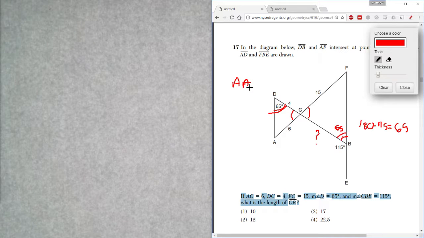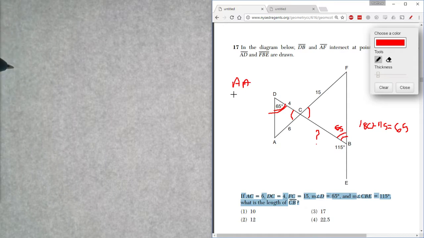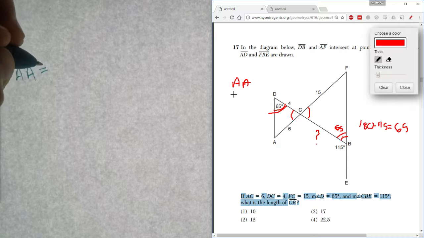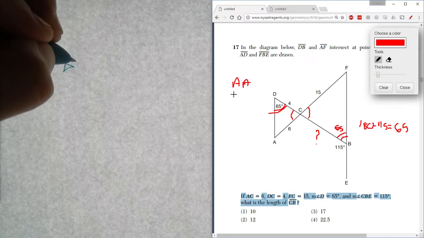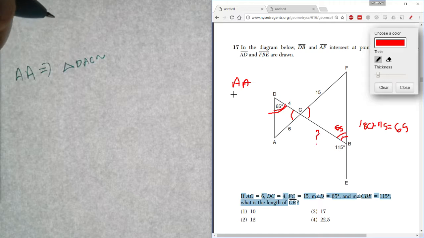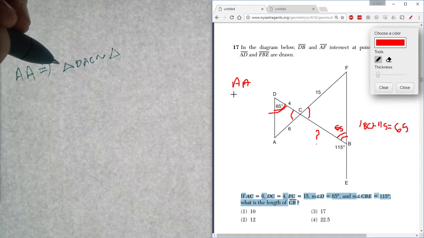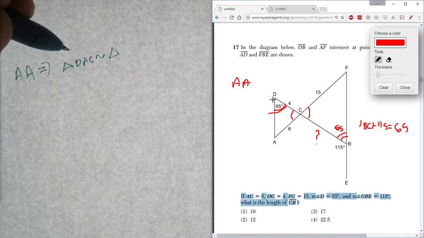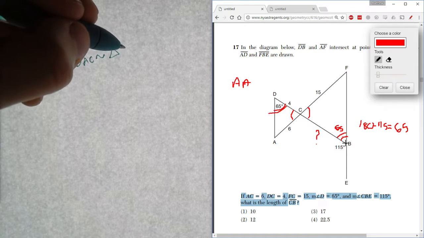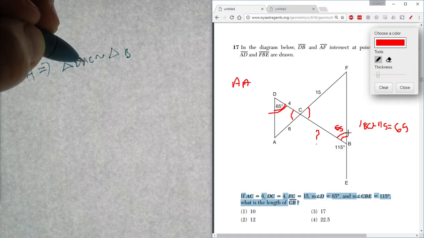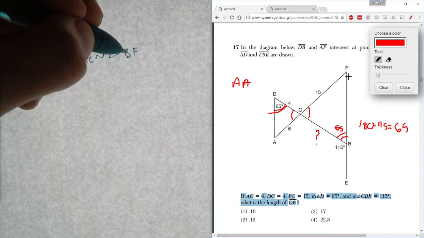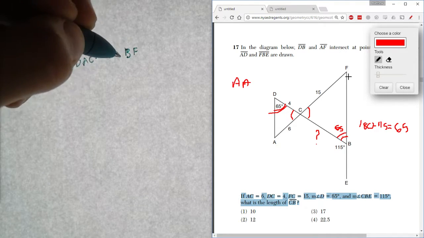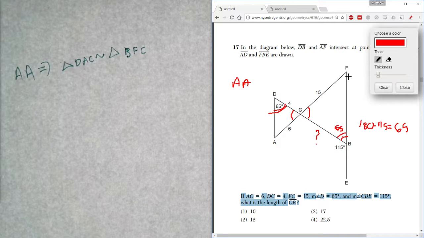So I can now say that triangle DAC is similar to triangle, let me get the matching, D is what I started out with. That corresponds with angle B. A corresponds with angle F. This is important, by the way, putting the right letters in the right area. BFC. All right, DAC is similar to BFC.